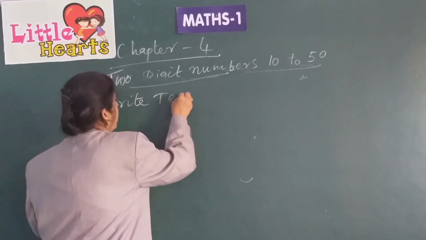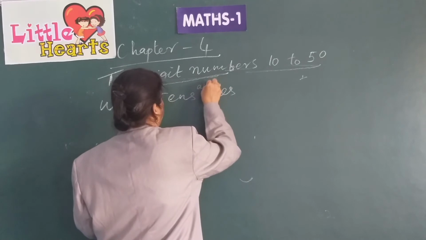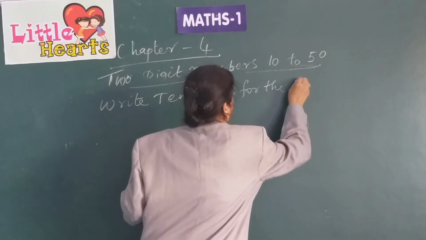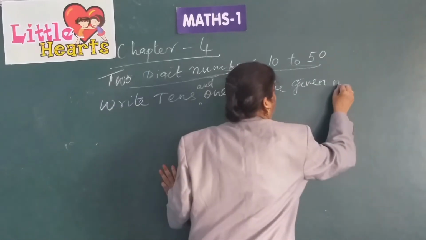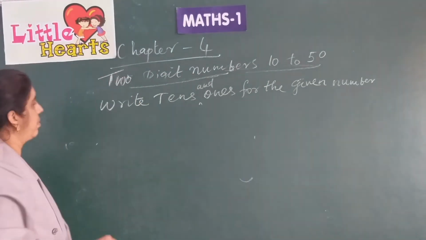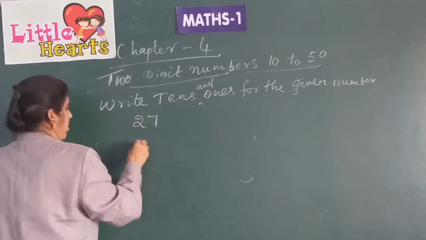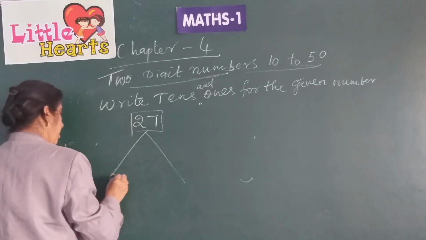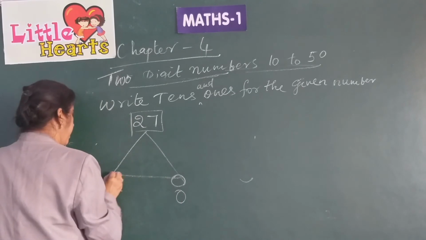Write tens and ones for the number. Given number. How many tens, how many ones?